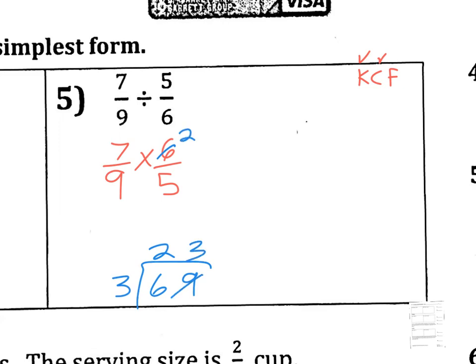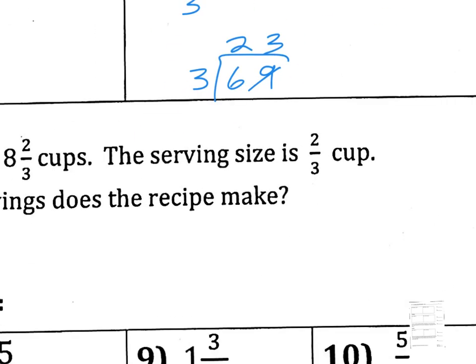My 9 became a 3. Now we multiply. 7 times 2 is 14. 3 times 5 is 15. 14/15 is my answer. Is it an improper fraction? No. So it's done. We're good. If it was an improper fraction, we would have to change it.